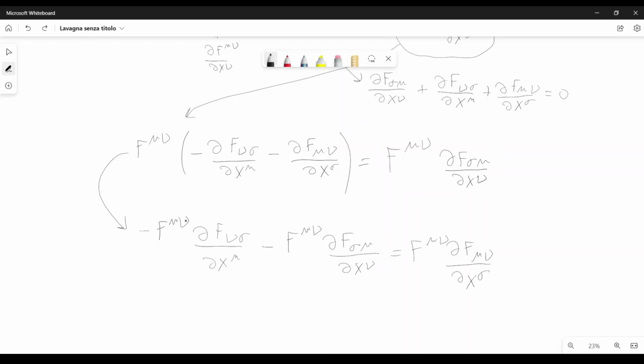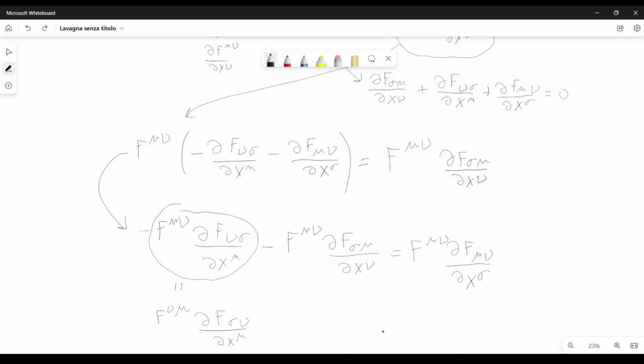Now, since this term here is equal to f nu mu derivative of f sigma nu with respect to x mu, and this is simply because f nu sigma is equal to minus f sigma nu, but f mu nu is equal to minus f nu mu. So the two minus signs cancel, and I can write it like this.